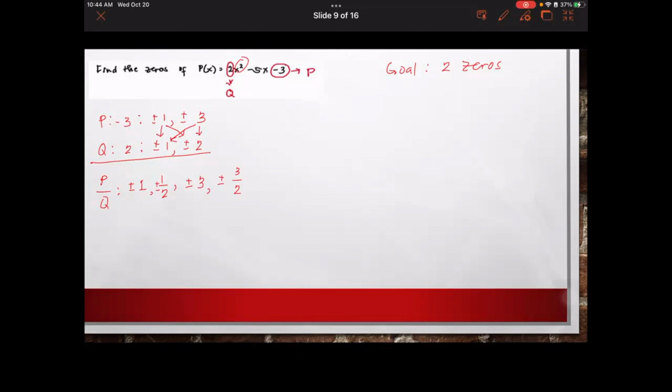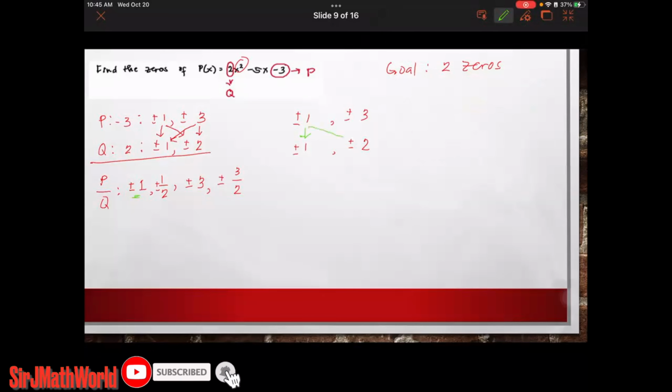Nakuha ba? Can we proceed? Sir, pa-repeat po. Okay. Again, meron tayong positive and negative 1, tapos positive and negative 3, tapos positive and negative 1 and positive and negative 2. Sabi, P divided by Q. So, 1 divided by 1, kaya siya nagkaroon ng positive 1.